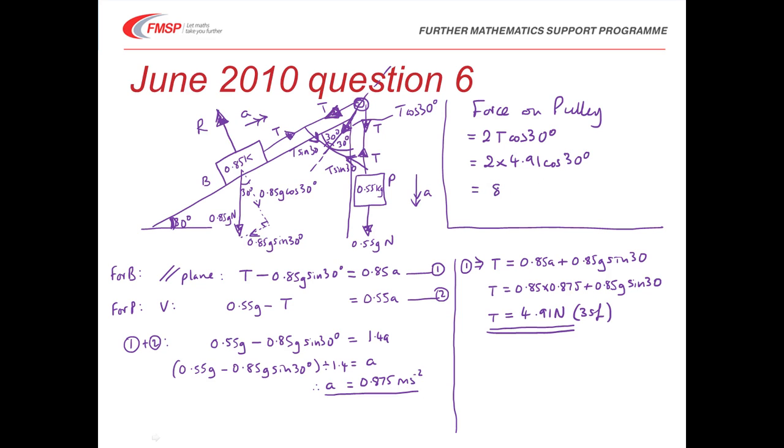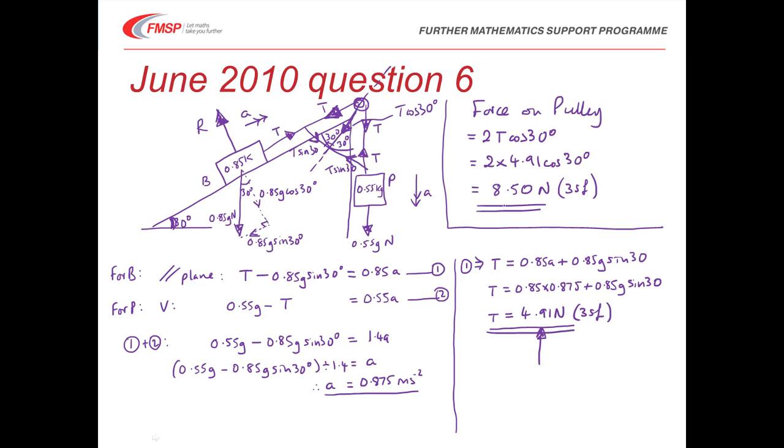And in total that is 8.50 newtons to 3 SF. And let me just say that, as with all calculations, I've used the exact value stored in the calculator from the tension previously, so that I don't lose any accuracy finding the force for this.